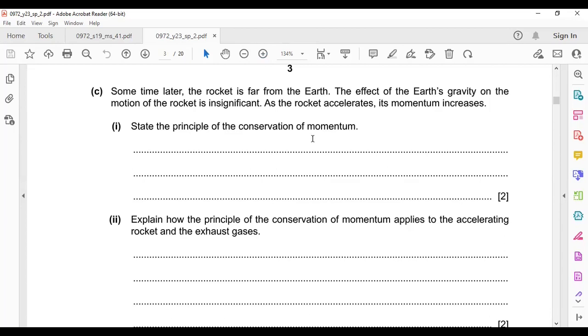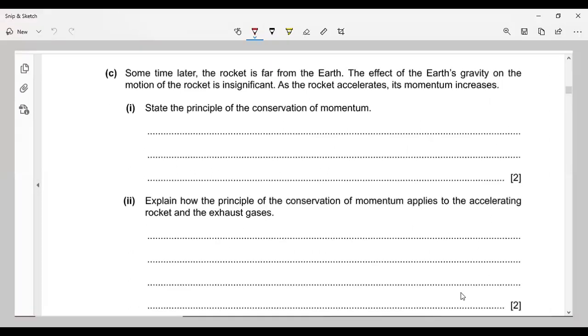Of course, you have learned about momentum. Momentum is also known as the quantity of motion possessed by the body due to its mass and velocity. So, conservation of momentum: initial momentum is equal to the final momentum.